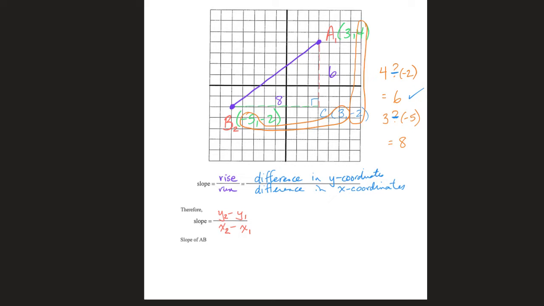Now, if we're struggling to see that this is one point, the x-coordinate and the y-coordinate of point 2, and this is another point, the x-coordinate and the y-coordinate of point 1, I could have this.